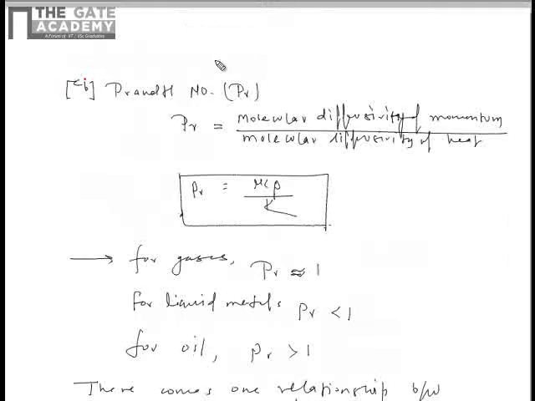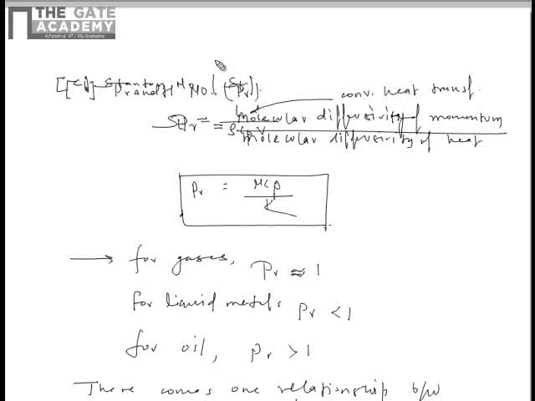And the third dimensionless number is the Stanton number, which is denoted by St, and it is given as H upon rho Cp V, where H is the convective heat transfer coefficient, rho is the density, Cp is the specific heat, and V is the velocity of fluid.